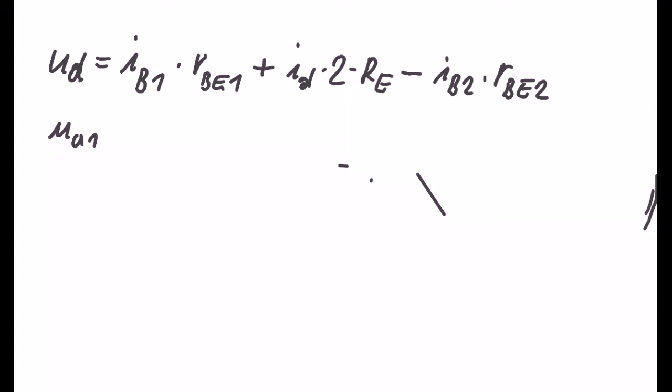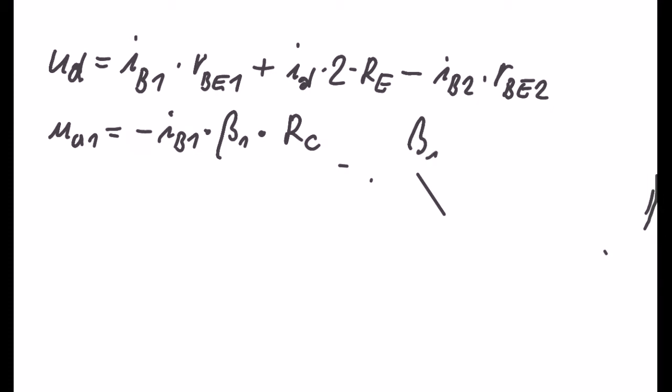And the second equation, UA1 equals minus IB1 times beta 1 times RC.